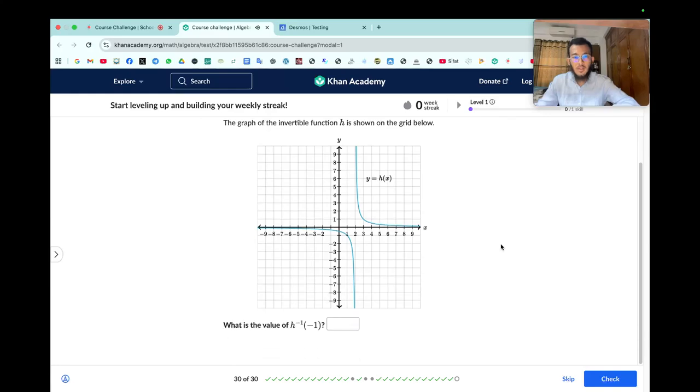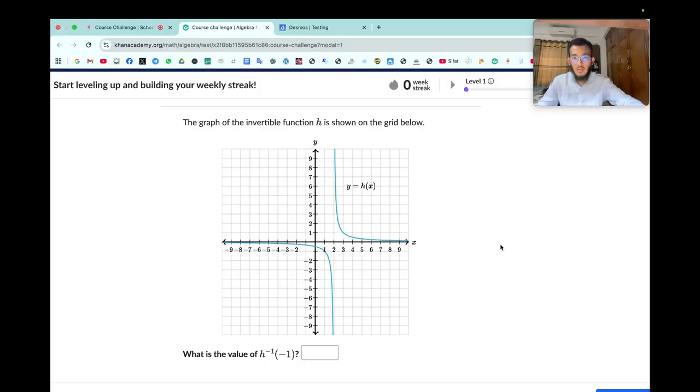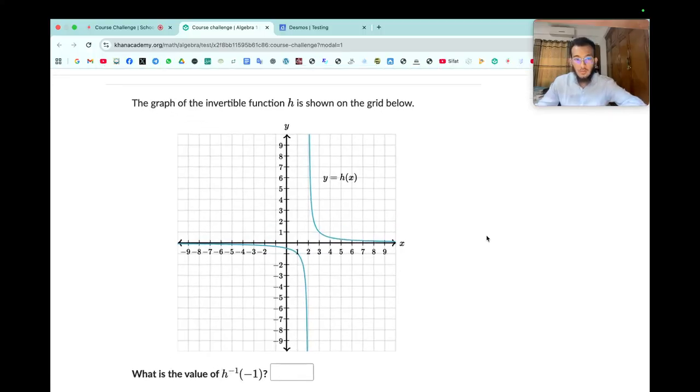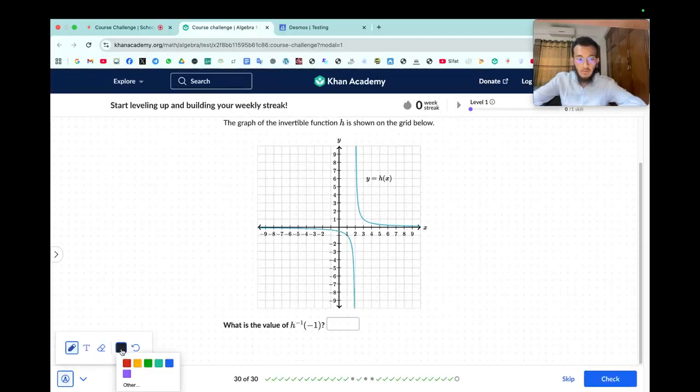Okay. Last question. The graph of the invertible function h is shown on the grid below. What is the value of h inverse at minus 1? Okay. So basically, the main purpose of an inverse function is to switch the x-axis with the y-axis.